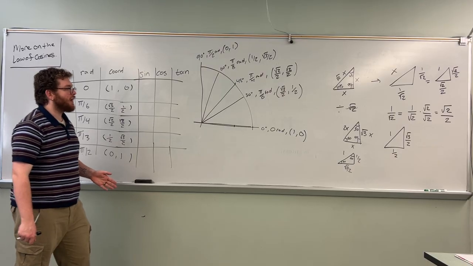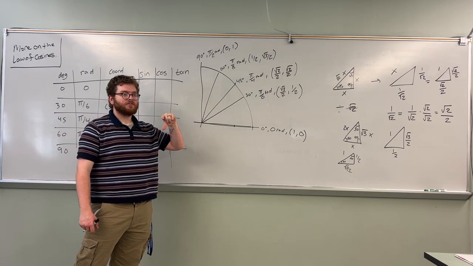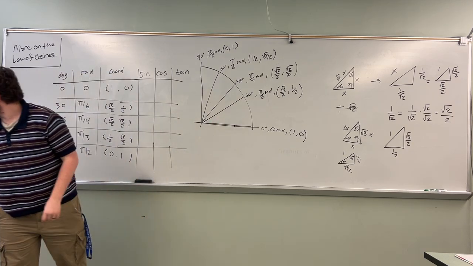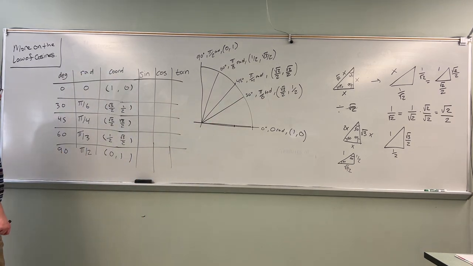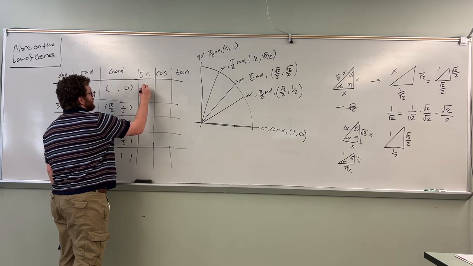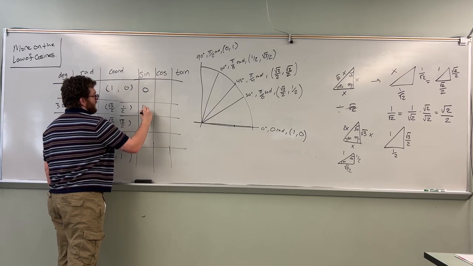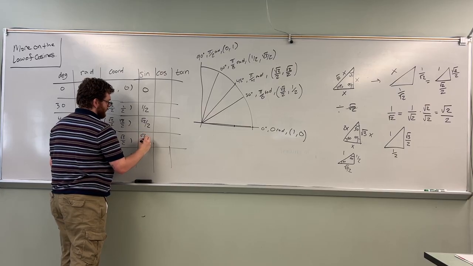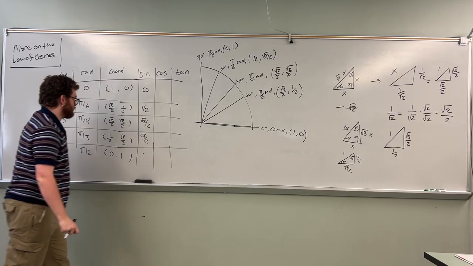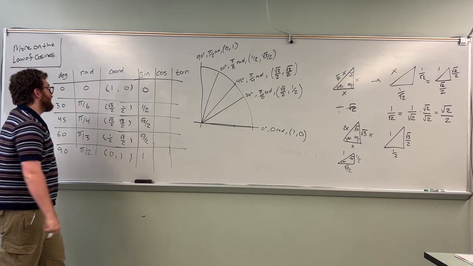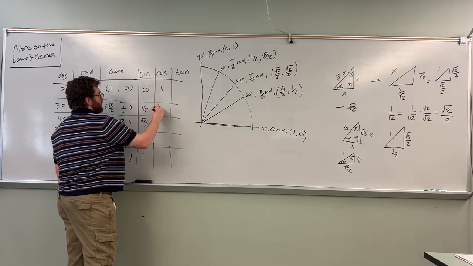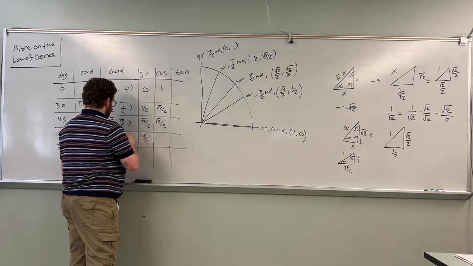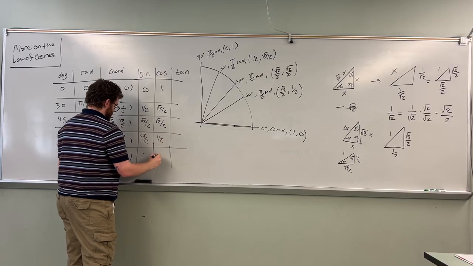Remember we talked about sine as y over radius? Since radius is 1 here, I get y over 1, so I just get y. So sine is 0, 1/2, root 2 over 2, root 3 over 2, and 1. Cosine is the x value: 1, root 3 over 2, root 2 over 2, 1/2, and 0.